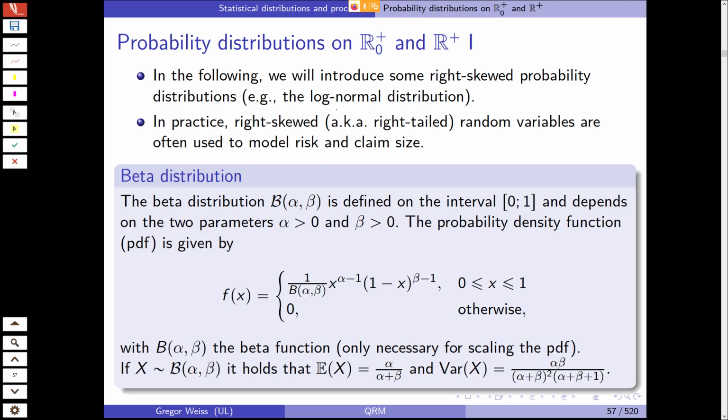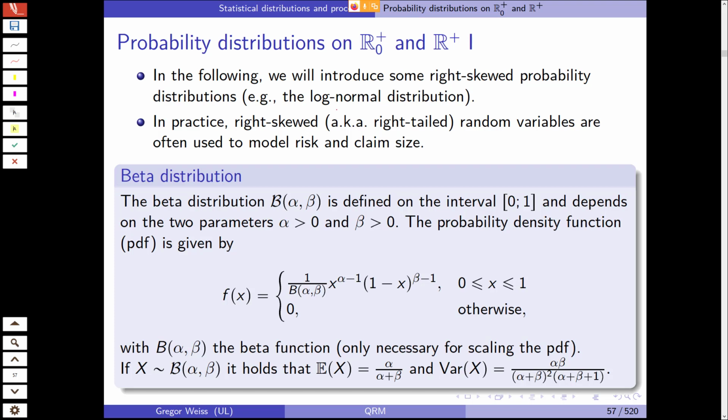So we'll start with some right-skewed probability distributions, for example, the log-normal distribution. And in our practical applications, the right-skewed, that is the right-tailed random variables, are often used to model risk and claim size, especially in insurance mathematics. And one distribution that is frequently used is the beta distribution.